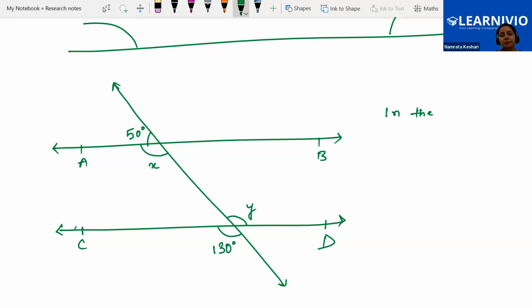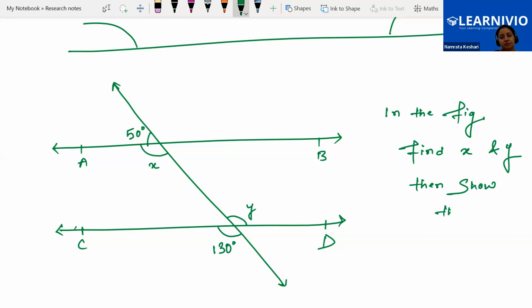You are going to try it. Find the value of x. Then show that... Do it.